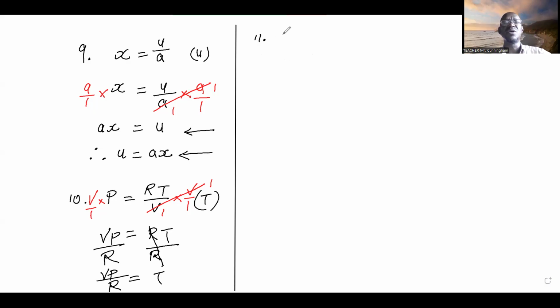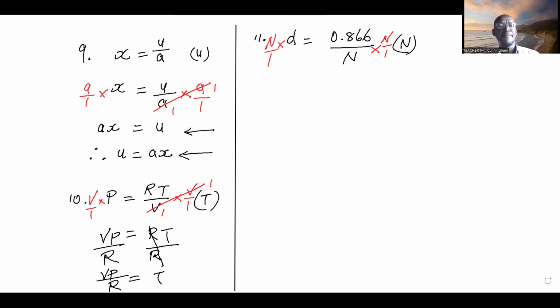I'm not sure why, but I'm going to do 11. 11 is D is equal to 0.866 divided by N, and we're finding for N. So what we have to do first, Antonio, is multiply throughout by the denominator, which is N. So I have to multiply by N or N over 1. Doesn't matter. So that gives me ND.